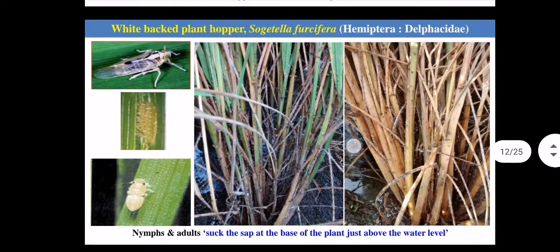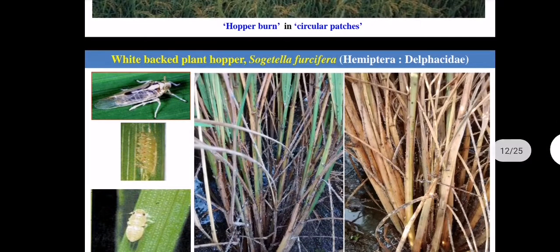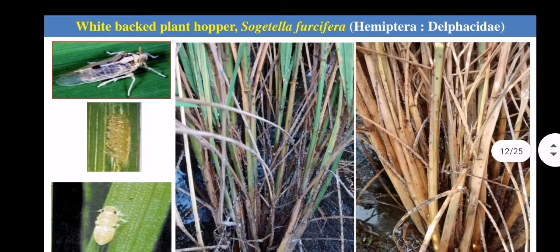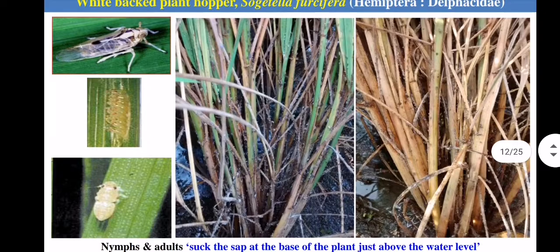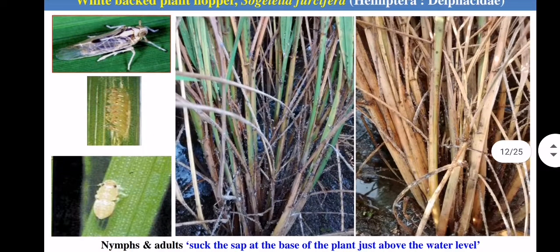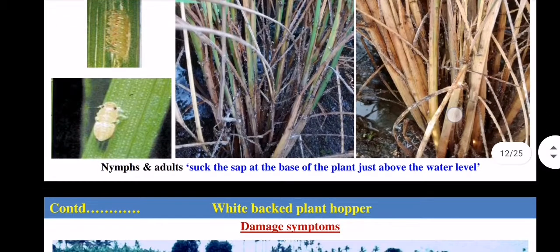Then the next important insect pest is the white backed plant hopper, that is WBPH. It is also a hemipteran insect. These are the identification pictures of the white backed plant hopper. It is also the same as the brown plant hopper.